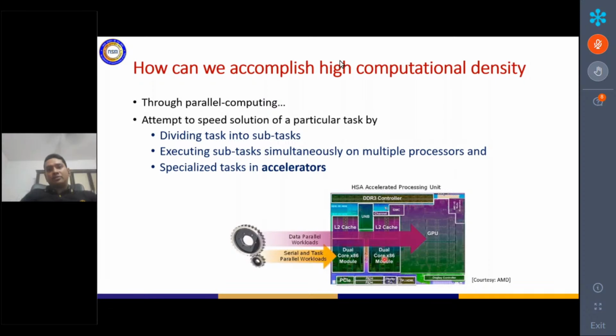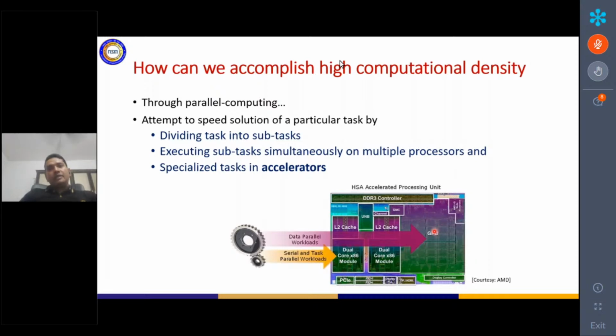Now, also in addition to processing engines, to get the data parallel workloads executed, we have specialized computing engines, and these specialized computing engines are called accelerators. Of course, you will see several accelerators being used particularly for AI benchmarks nowadays.